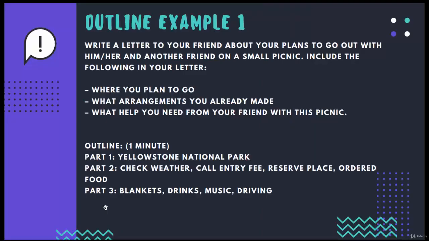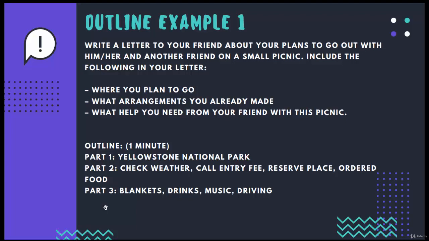Here's an example of an outline. Here's our question. Write a letter to your friend about your plans to go out with him or her and another friend on a small picnic. Include the following in your letter: where you plan to go, what arrangements you already made, what help you need from your friend with this picnic. Here's an outline. Part 1, where you plan to go, Yellowstone National Park.